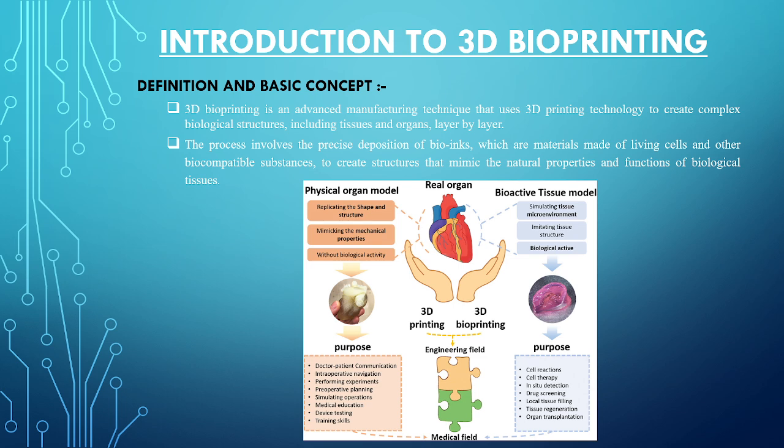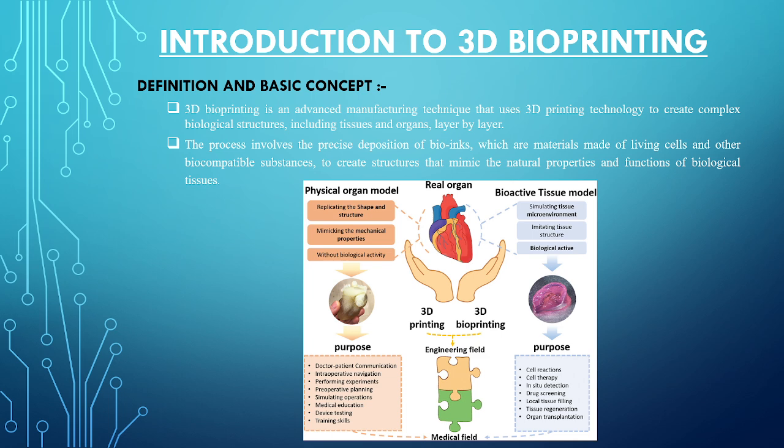Similarly, this is how organs are going to be made in front of our own eyes, right? The process involves the precise deposition of bioinks. I'll be teaching you about bioinks in later slides, right?